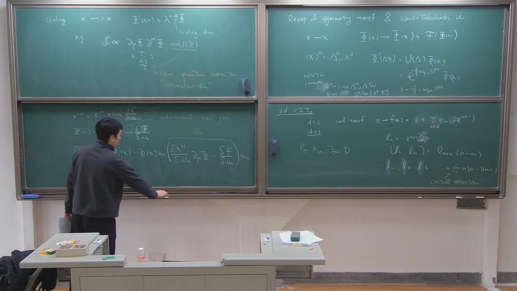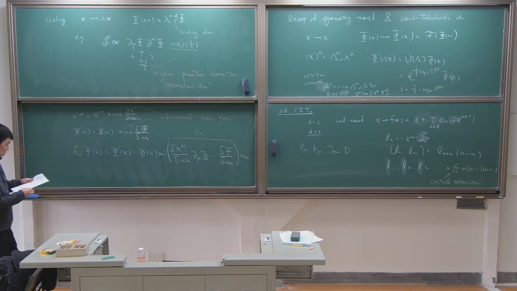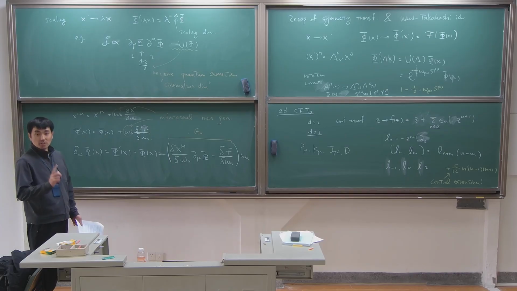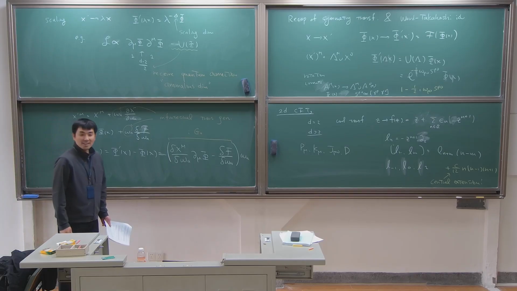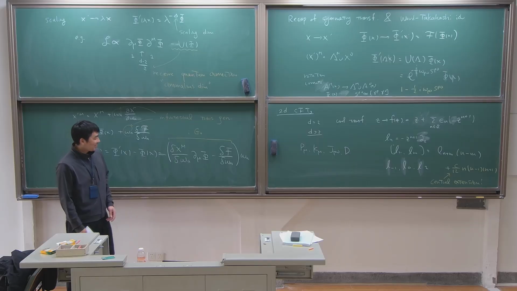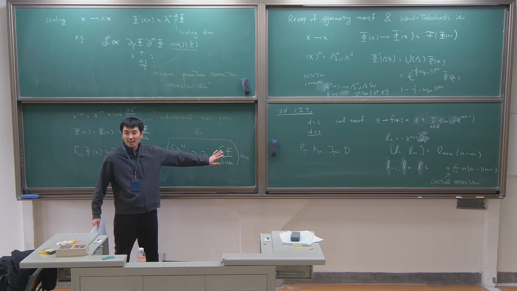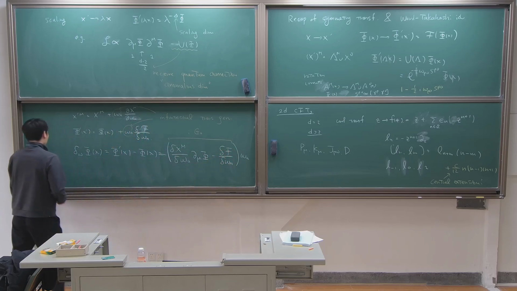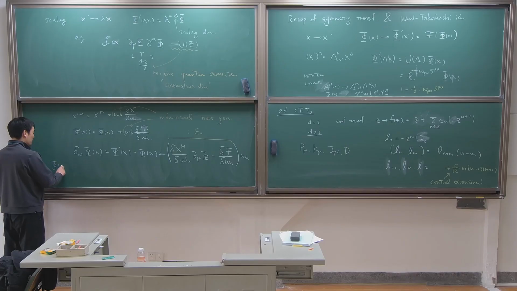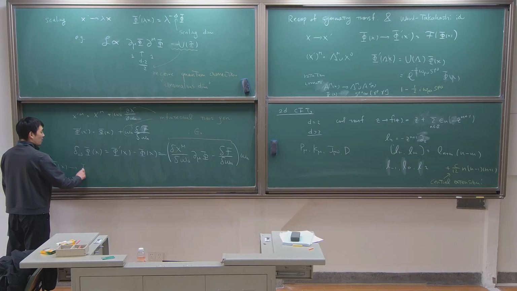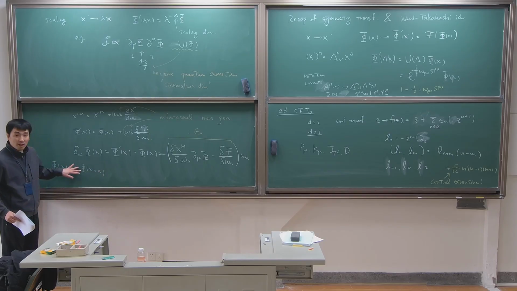Okay, let's look at examples of this. In the case of translation, calligraphic F is always trivial. I mean, phi of x under translation is always phi of x plus a, so nothing else will occur.